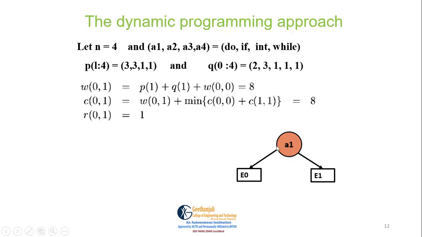So the total number of comparisons for A1 is 3 only. 3 plus. Okay, how many times are you accessing E0? 2 times. How many comparisons are required to tell that the element is not there? Only one comparison, because only one element is there. So that's why this is 2. So 3 plus 2 plus E1. What is the probability of E1?